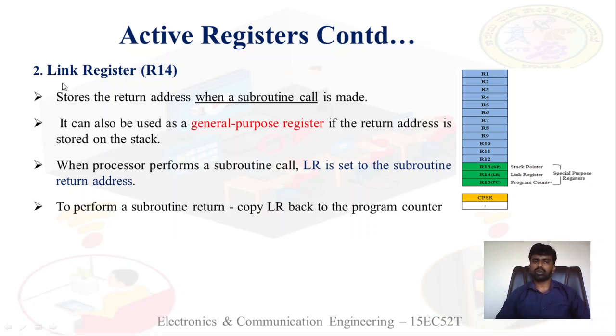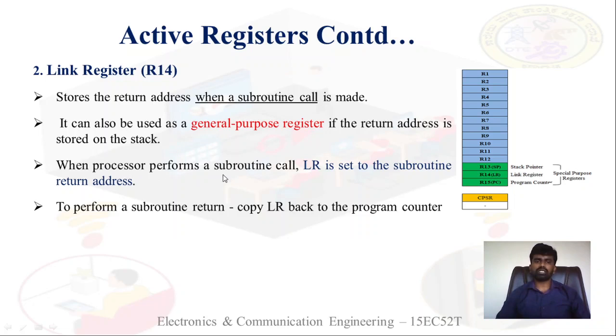That is performed by the link register. This link register stores the return address when a subroutine call is made. It can also be used as a general purpose register. This R14 is also used as a general purpose register if the return address is stored on the stack.